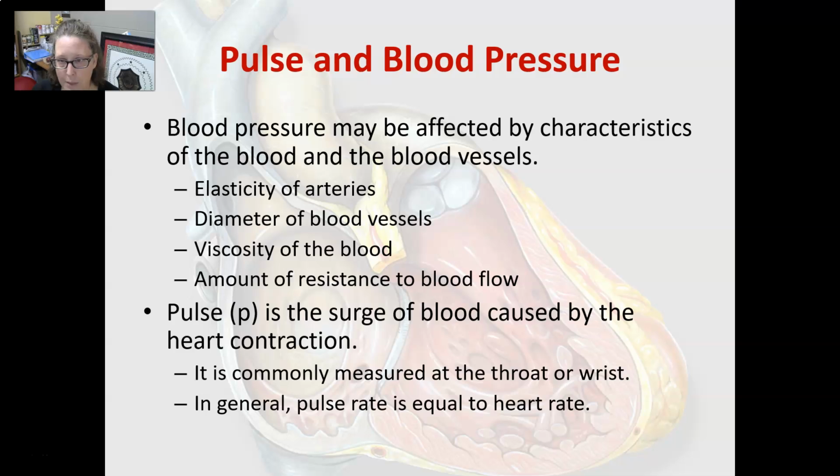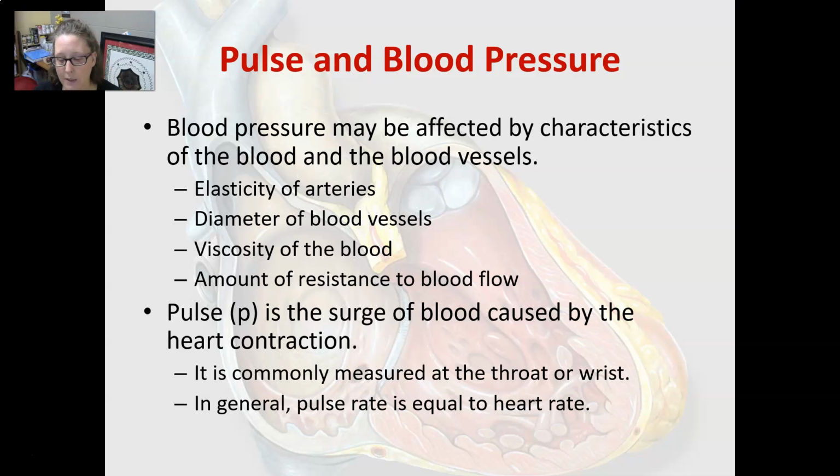The blood pressure may be affected by characteristics of the blood and the blood vessels. So the elasticity of the arteries, how well they bounce and they can contract and relax, but also their diameter. So if there's something that's causing the diameter of the blood vessels to be contracted, it will raise the pressure in those blood vessels. The viscosity of the blood, or how thick blood is.